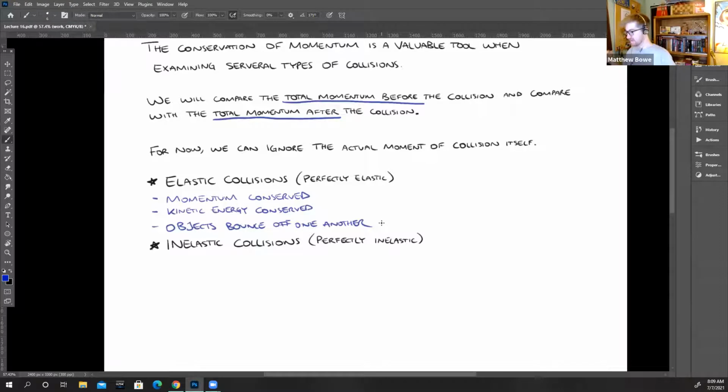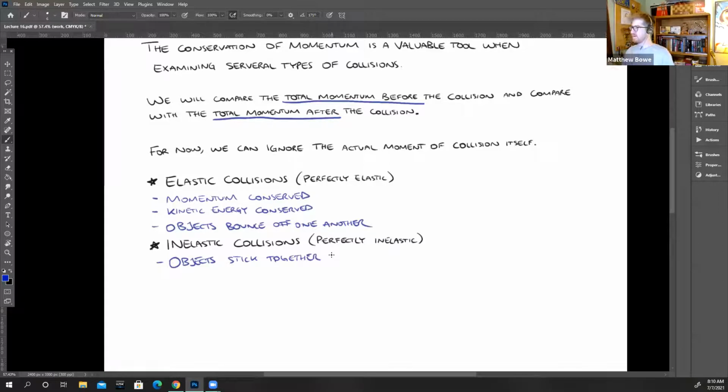Inelastic is the case where objects stick together.